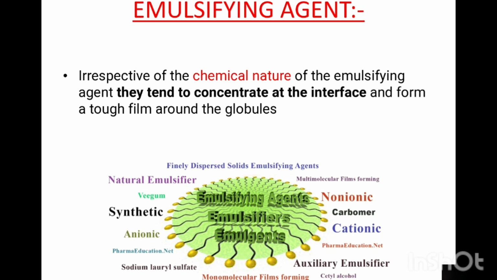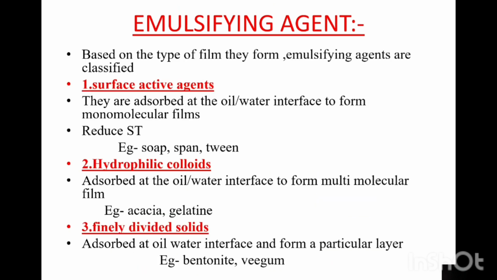So, what is the function of this emulsifying agent? While adding it into our emulsion, they tend to concentrate at the oil-water interface and form a tough film around the globules. Like this, it protects the emulsion. It prevents coalescence.